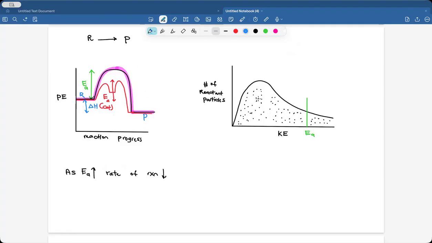Also on the right-hand side, I'm showing the Boltzmann-Maxwell distribution. I assume you already know what this distribution is about, but if not, just keep in mind that the y-axis is always the number of reactant particles, and the area under the curve is all the reactants. All these dots that I've put in black are the reactant particles, let's say. On the x-axis, we have their kinetic energy.